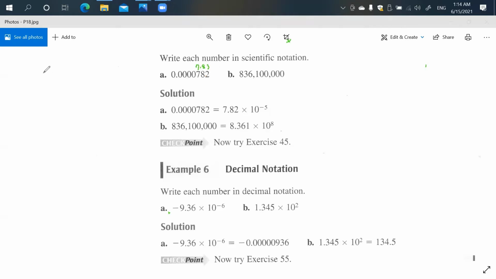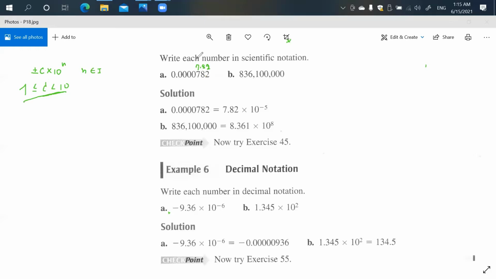Don't forget the definition: we must convert until we get plus or minus c times 10 power n. n must belong to the integers, and c has to be less than 10 and greater than or equal to 1. So this one should be converted to 7.82, which drops in this condition.